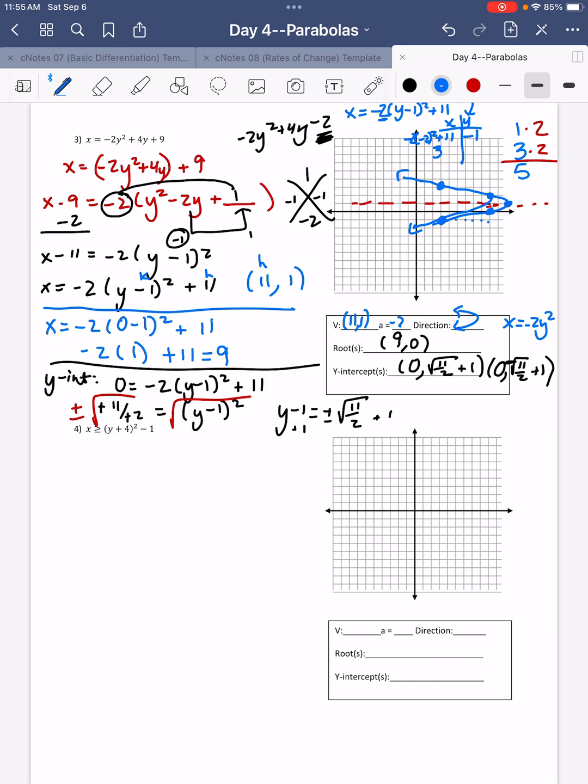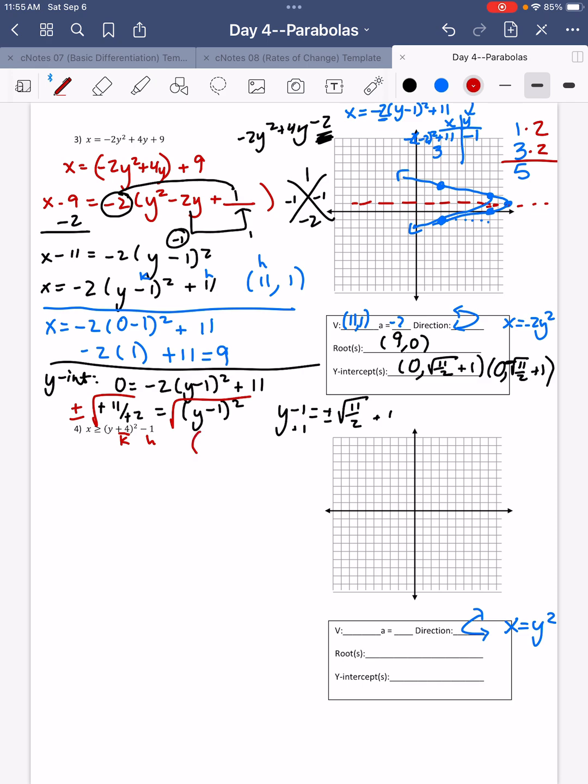Number 4, the square is already completed for us. And so what we can do here is just sketch this sideways parabola. Since it's an x equals y squared, it will open to the right. And this is my h and k, because k is always the y.